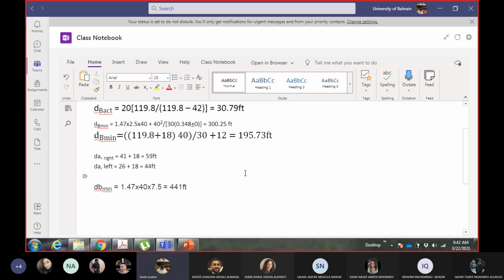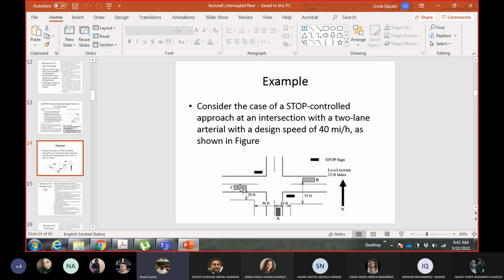For the driver on the right hand side, he needs 59 feet. And the side distance for a driver coming from the major road should be 441 feet, so that he can go through. So these are the side distances to the stop sign, and this is the side distance for the driver on the major road.